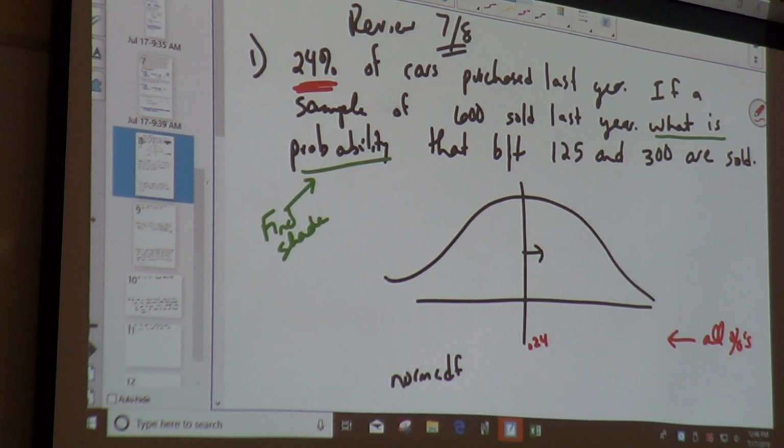Very good. So we're going to do 125 over 600, and we're going to do 300 over 600. Because we can't just put 125 and 300 because they're not percentages. That 24 was a percent. So everything else has to be a percent.